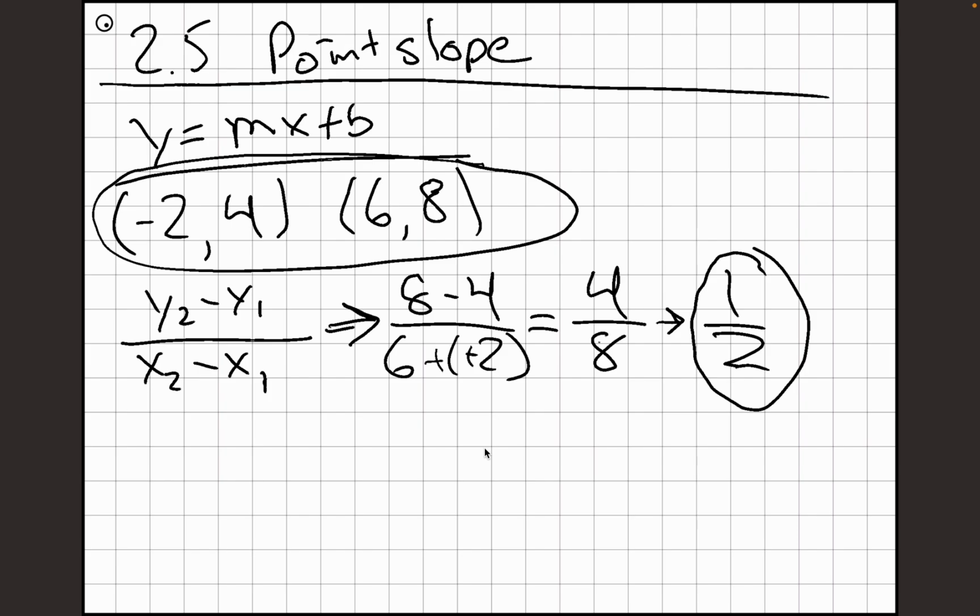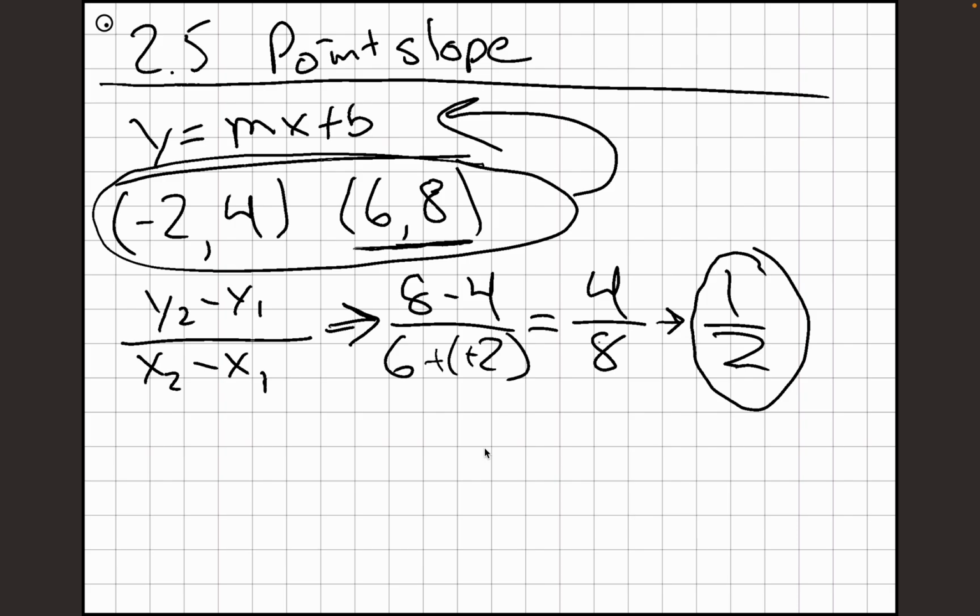How do we solve for b? We need to figure out b in our formula right here. Yeah, we have to pick one of the sets of coordinates. So let's pick (6, 8).